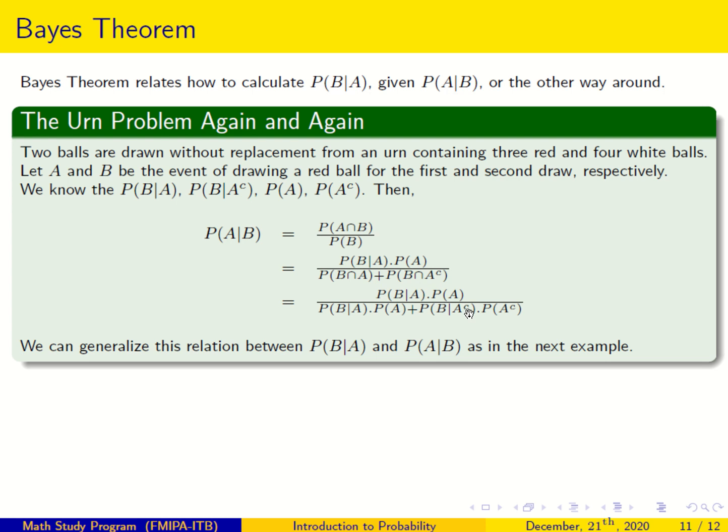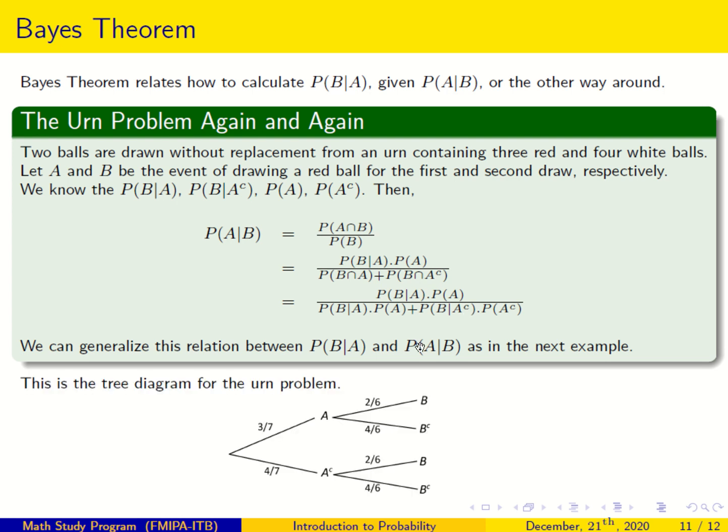We can generalize this problem in the next example. But this one you have to remember, to learn more about Bayes' theorem, it is easier if you draw the tree diagram first by defining what is A, what is B. This is the probability that event A happens, that is 3/7, and this is probability of B given A, 2/6, probability of B complement given A, 4/6.